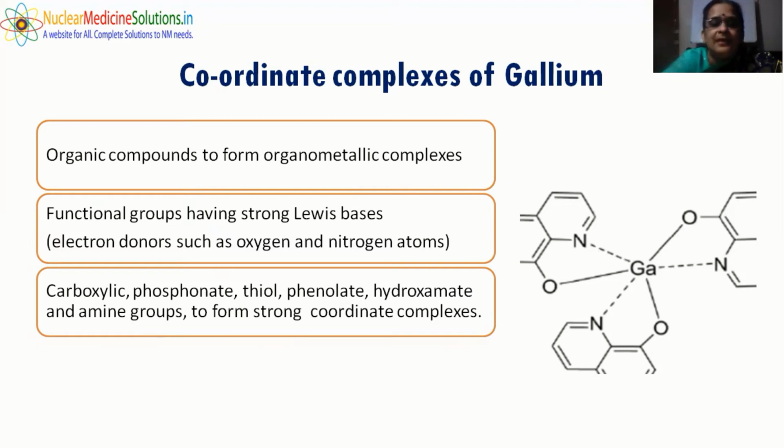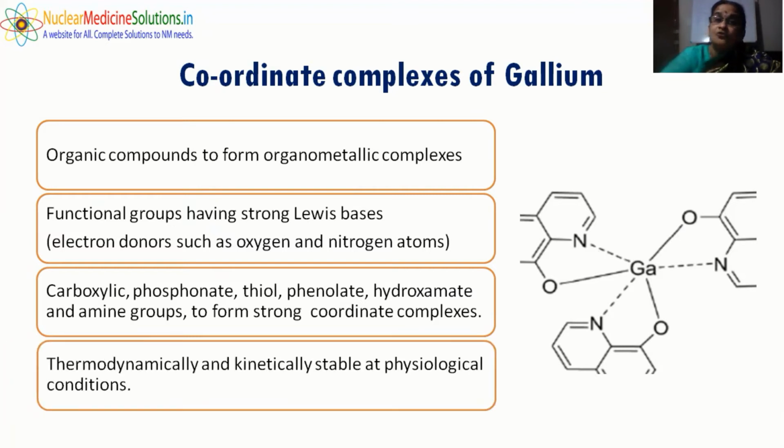Okay, then this is also going to be thermodynamically and kinetically stable at physiological conditions. And why is this kind of chemistry important to be read, studied and even explored? Because we are going to inject this gallium radiopharmaceutical inside the body and we want it to be stable.